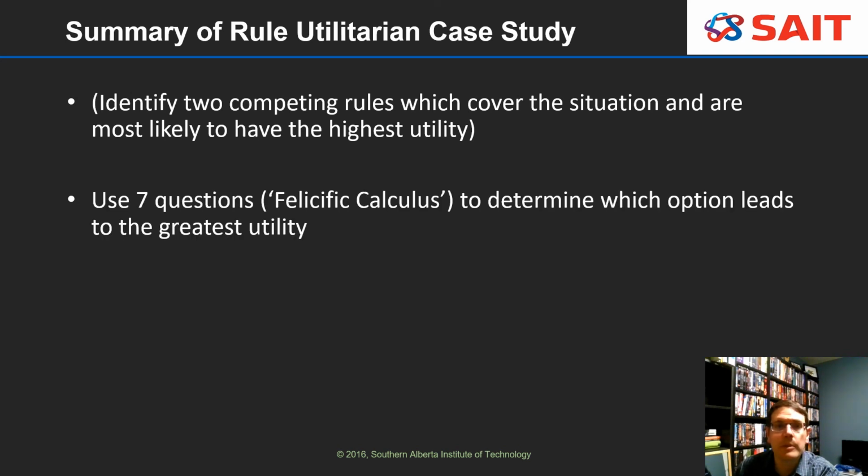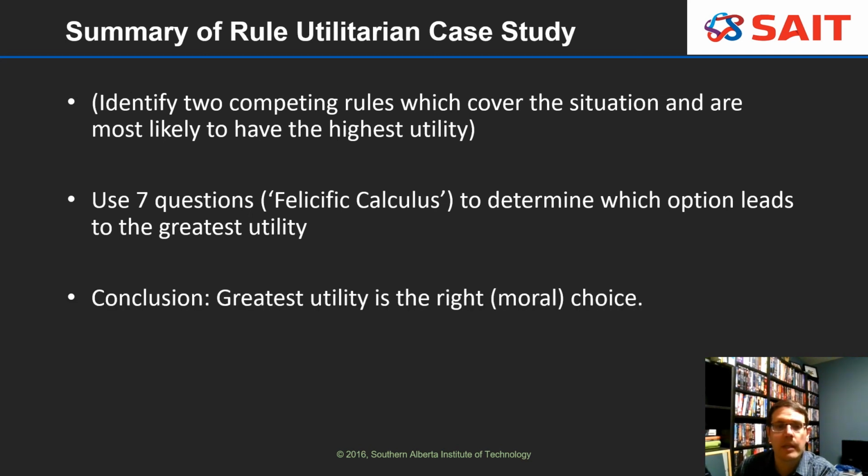For both act and rule utilitarianism, next use the 7 questions, also known as the felicific calculus, to determine which option leads to the greatest utility. Then draw a conclusion. The greatest utility is the morally correct choice.